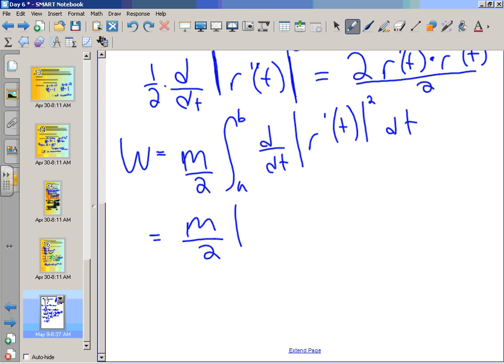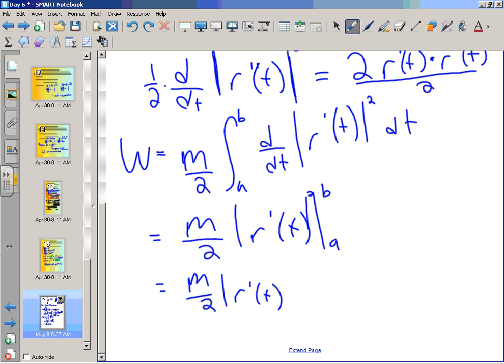So that's just going to turn into evaluating that function at our endpoints. So we have m over 2 of r prime b squared minus m over 2 r prime a squared.